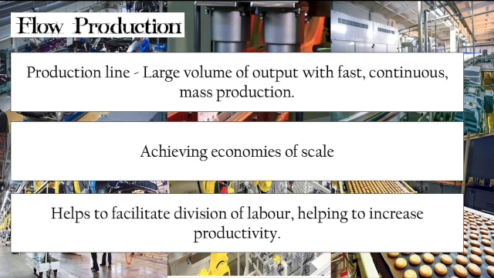Because they're at that same stage of production, they become specialists at that stage, and therefore they're able to work effectively and produce more, contribute towards that capital, and again help to achieve those large volumes of output. It does come with some problems though.